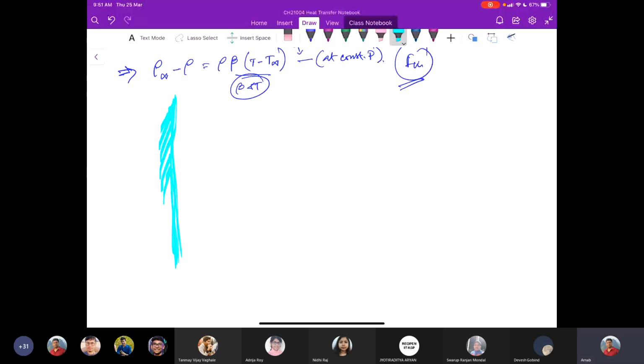So we have a vertical plate like this. This vertical plate is exposed in air, ambient air or some fluid, and there is a temperature difference between the vertical wall and this surrounding media.